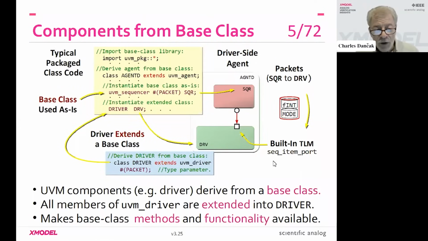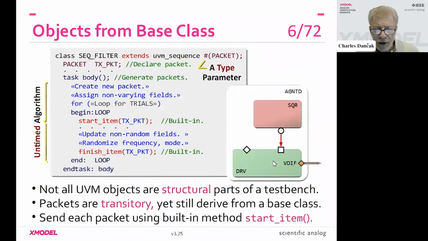So all the components in our hierarchy come from a base class. That's also true of transitory objects that are not necessarily a fixed part of the class hierarchy. So here's our first look at a sequence which sends a stream of data packets with the filter in normal operating mode.